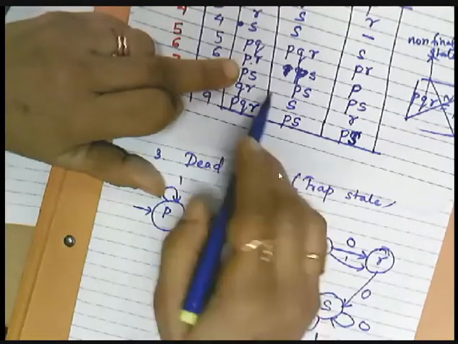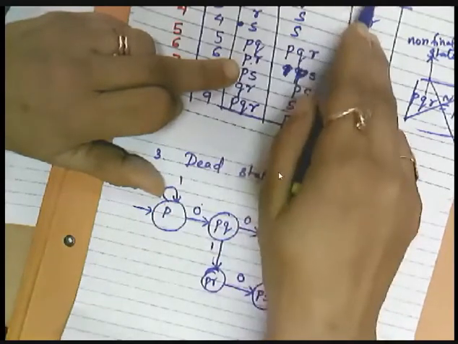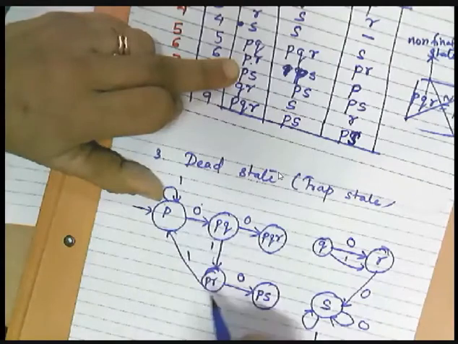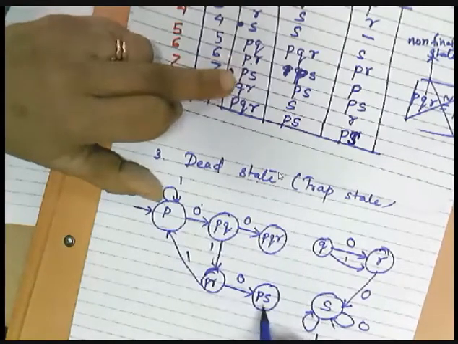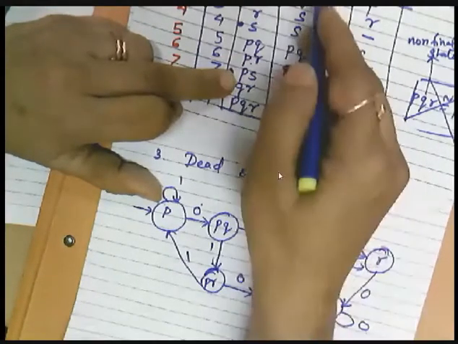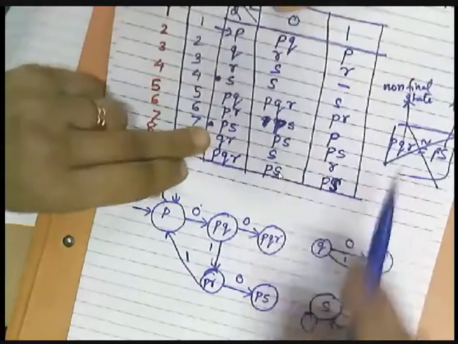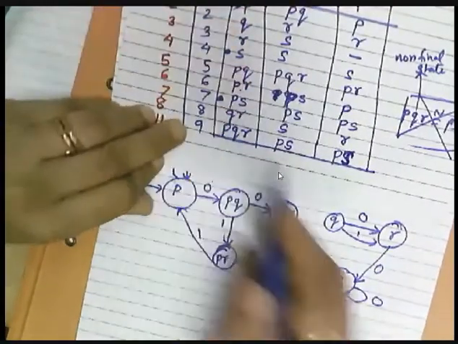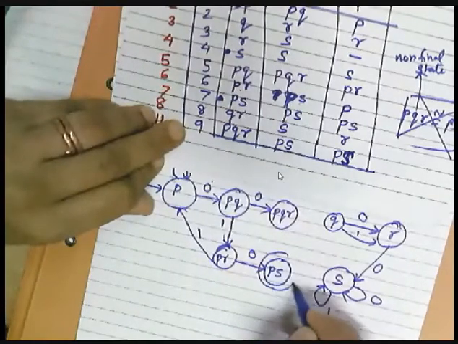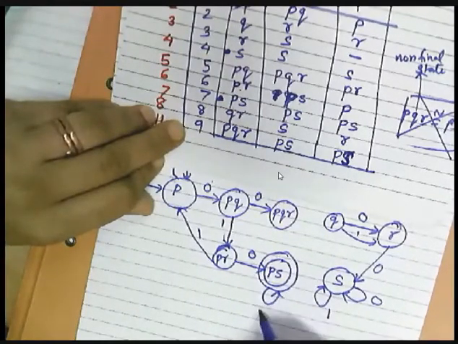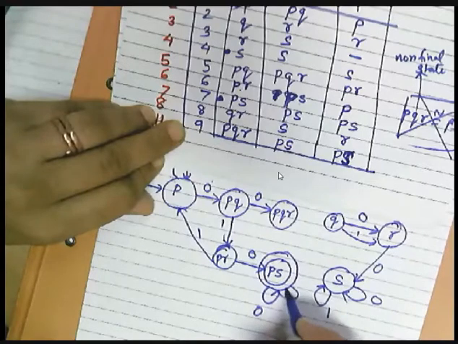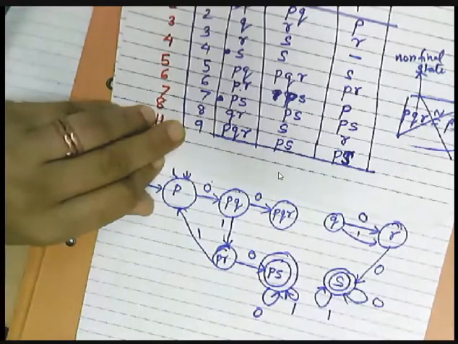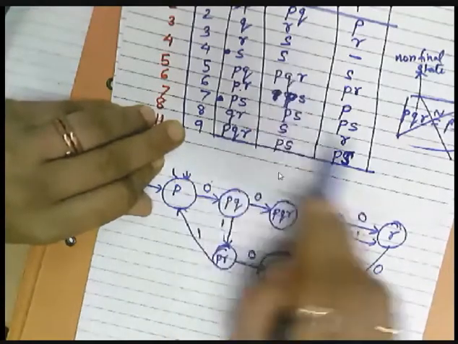Then PR on 1 moves to P. Next, PS on 0 and 1, right? It is moving to itself. So very first, since there is a final state, let me make it a final state. This is 0 and with 1 also it is moving. This is also a final state, right? So PS on 0 and 1 moves to itself.